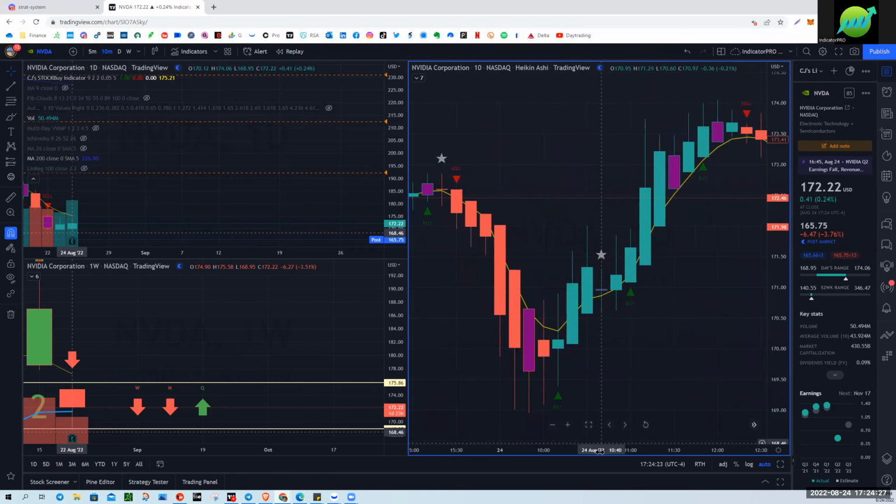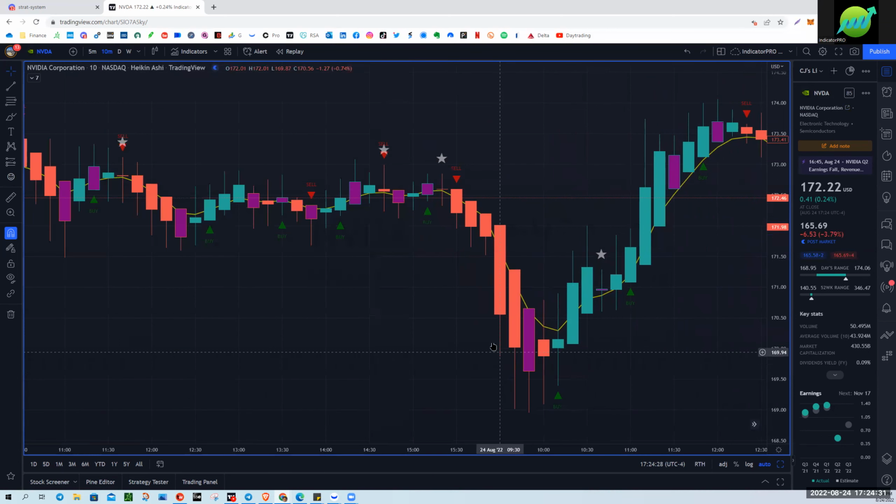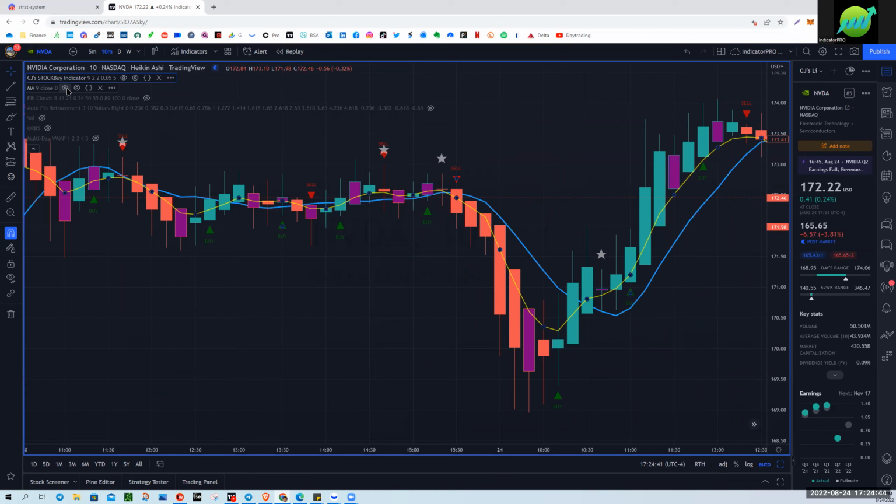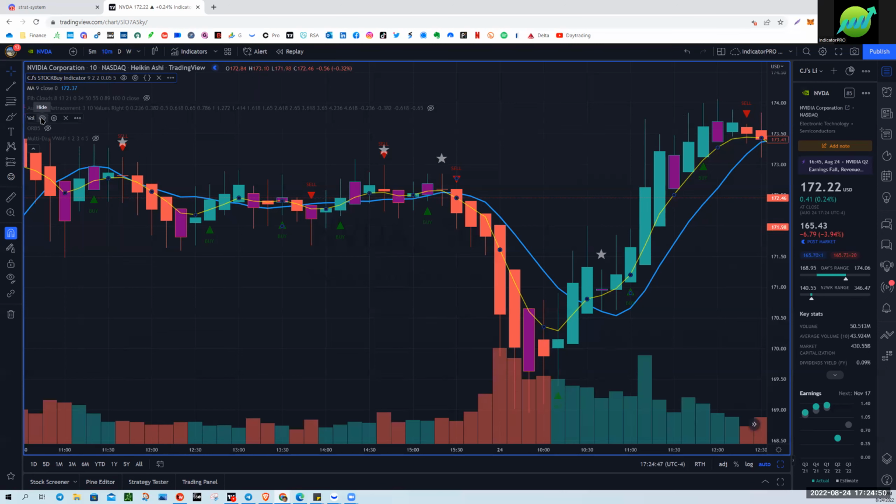So this was NVIDIA today. Right here was NVIDIA today. A couple of things that I do before entering NVIDIA is I use the 9MA against the yellow. You always want to see the volume.